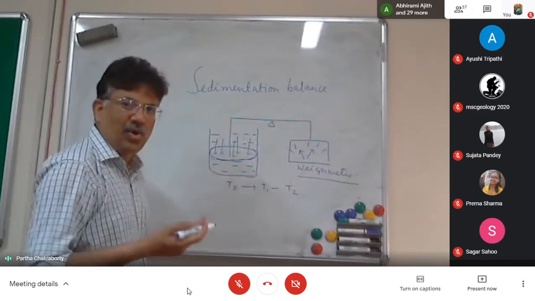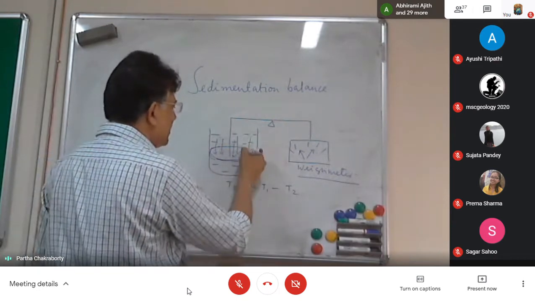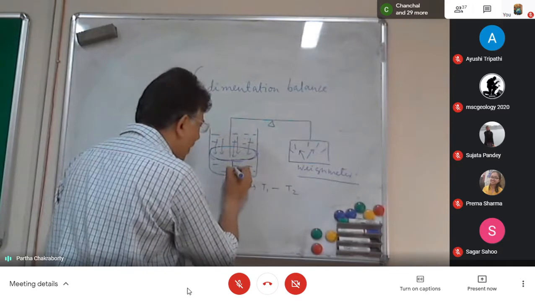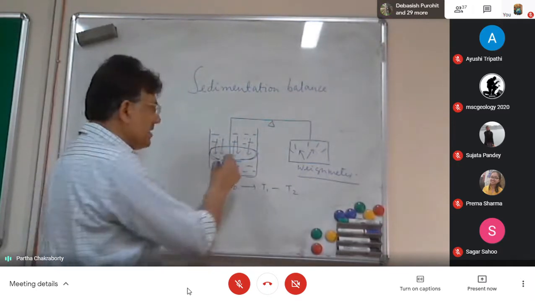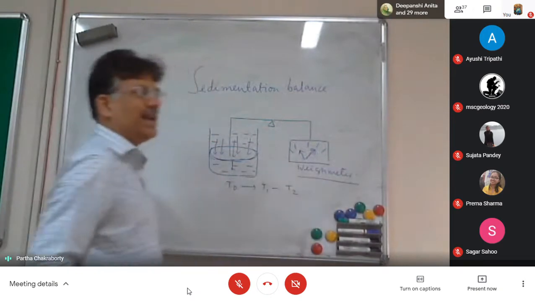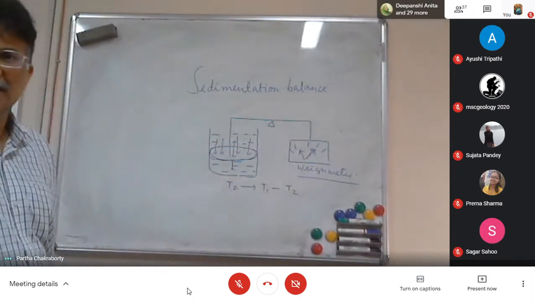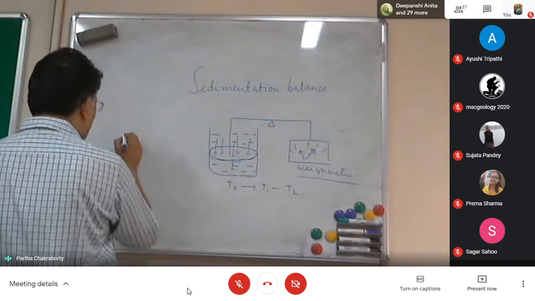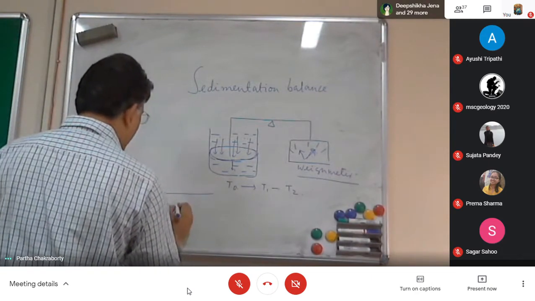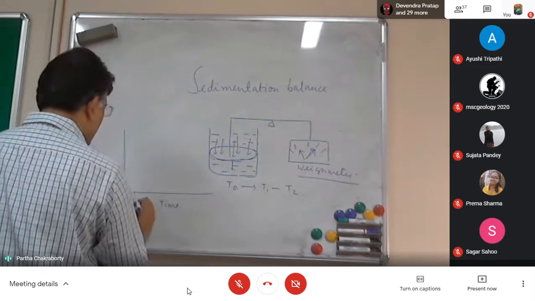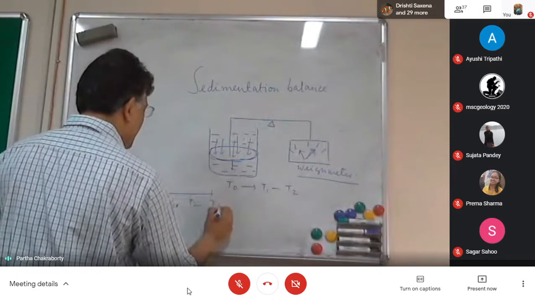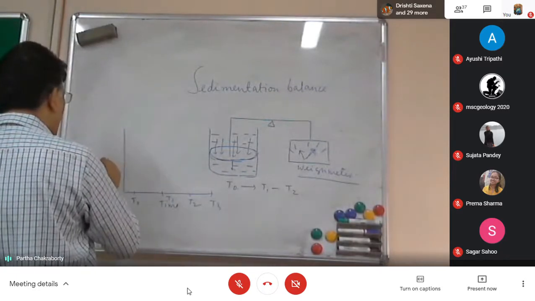As time goes on, the sediment in suspension settling on the pan gains weight, and as it goes down, gaining weight, that will be reflected in the weigh meter. So what kind of curve will I be getting? This is time, T0, T1, T2, T3, and this is the weight.